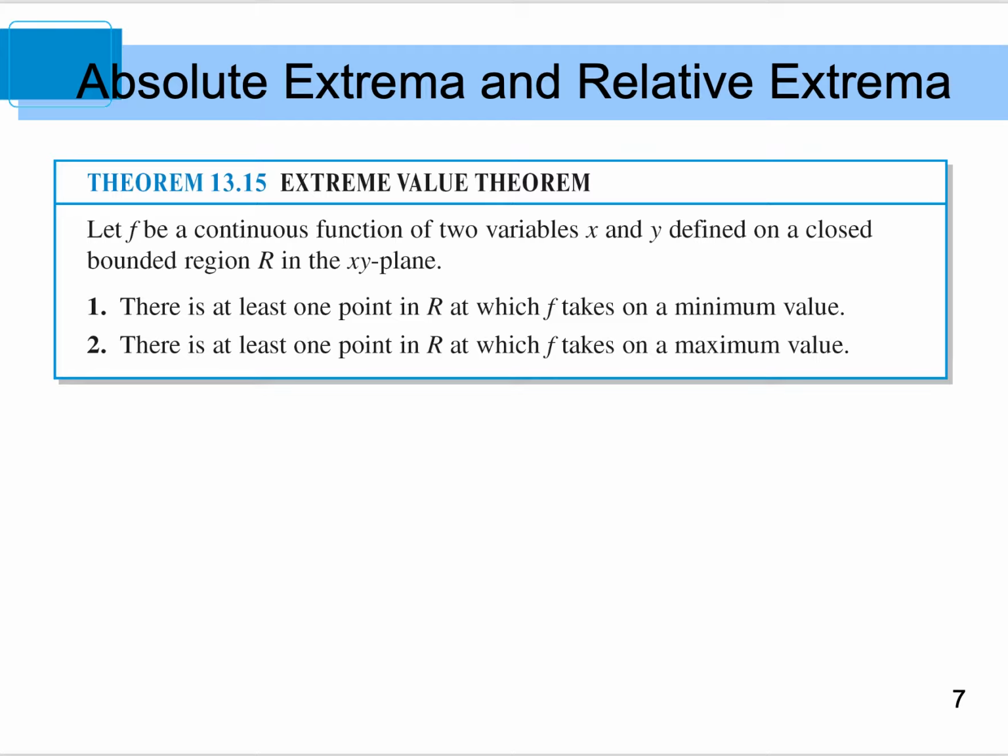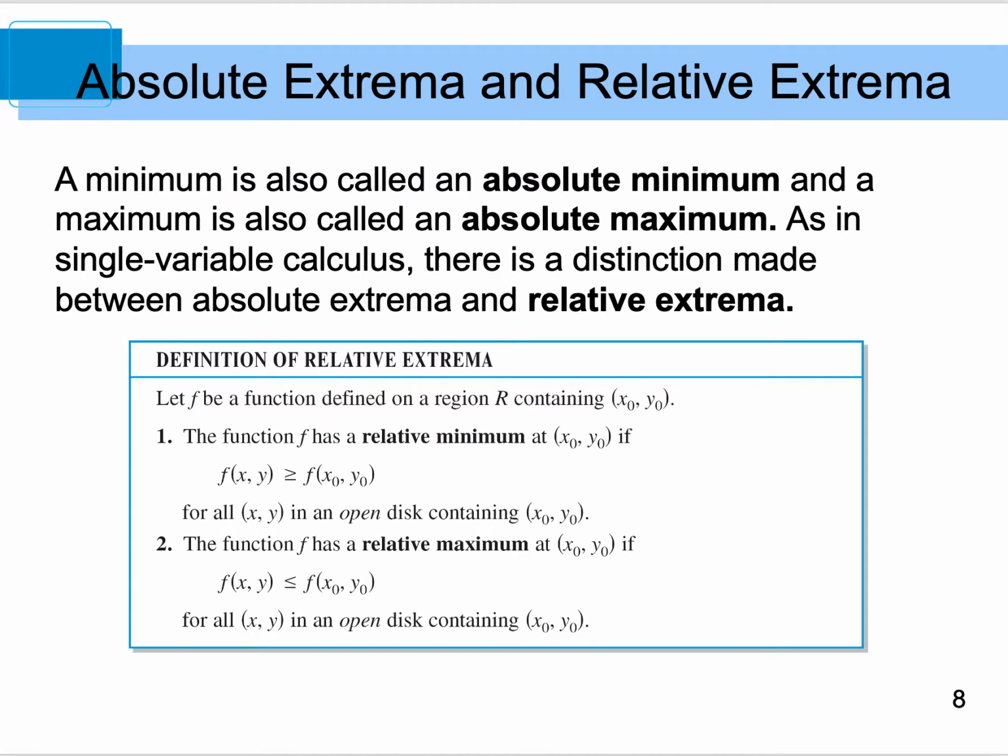Absolute extrema and relative extrema have a couple of things with the extreme value theorem. There's one point that's the lowest, one point is the highest. So it's going to match everything we know from Calculus 1, except for now we're saying that it's in the xy plane. A minimum is the absolute minimum if it is the actual lowest point, meaning it has the smallest y value. It's an absolute maximum if it's the highest point, meaning it has the actual highest y value if I'm in Calculus 1.